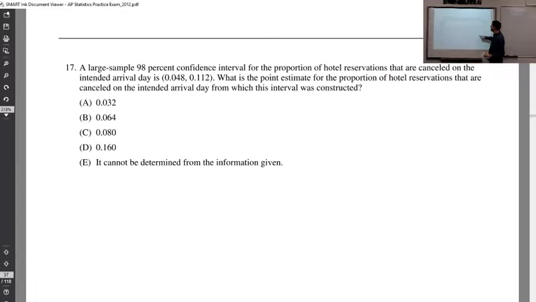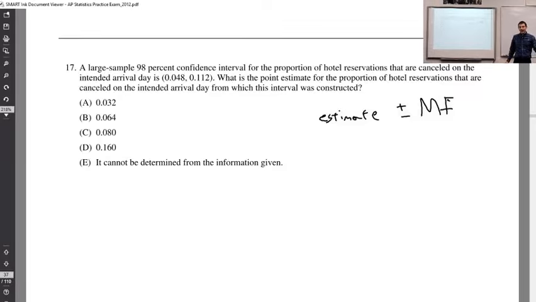17. Point estimate in the confidence interval. The way that the confidence interval can be structured a lot of the time is estimate plus or minus margin of error.